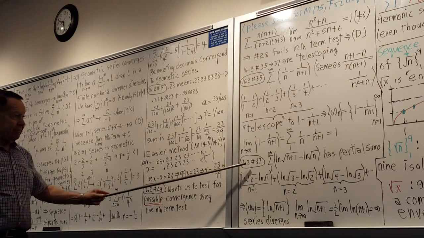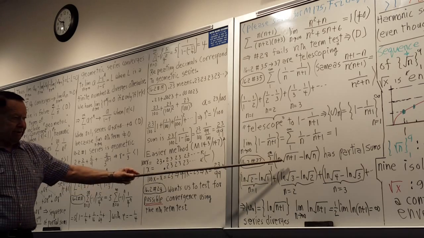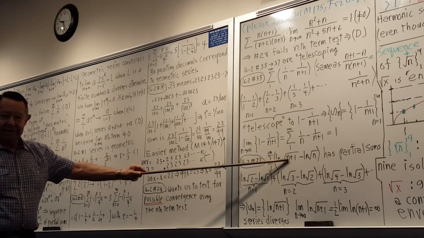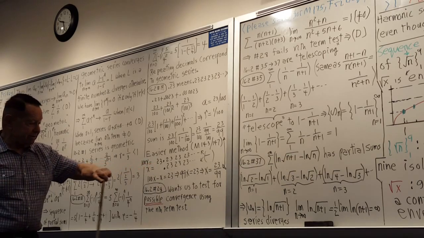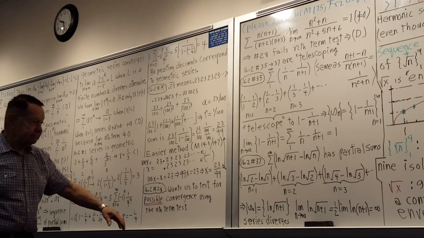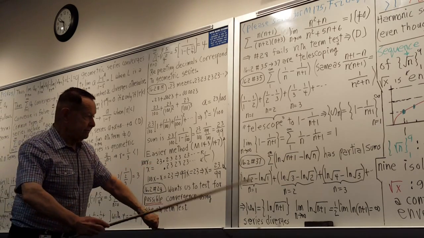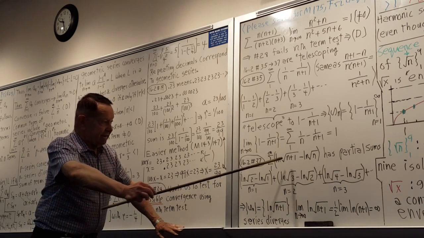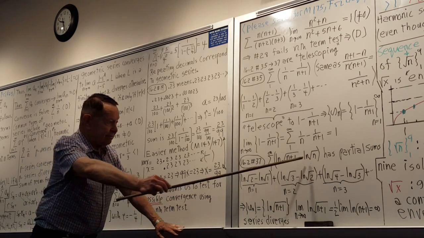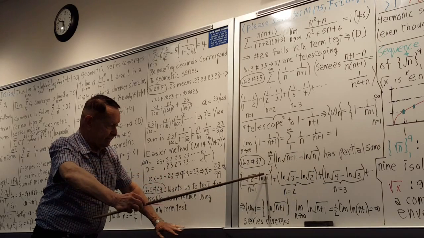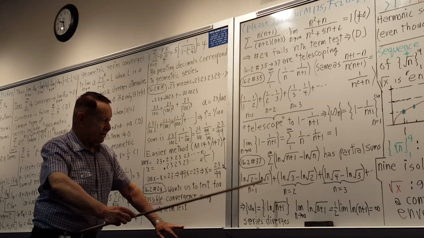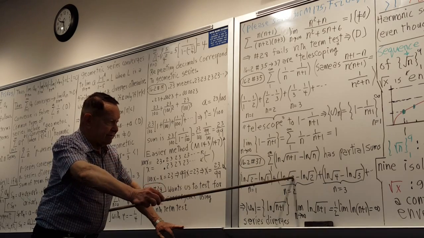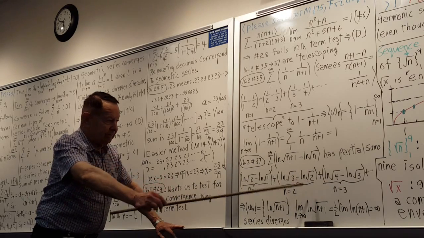Look at problem 37, which also telescopes. You have log square root n plus 1 minus log square root n. And so your first term, when n is 1, you have log root 2 minus log root 1, and of course that's a 0. Then when n is 2, you have log root 3 minus log root 2.